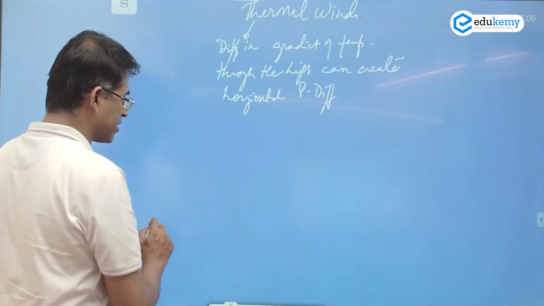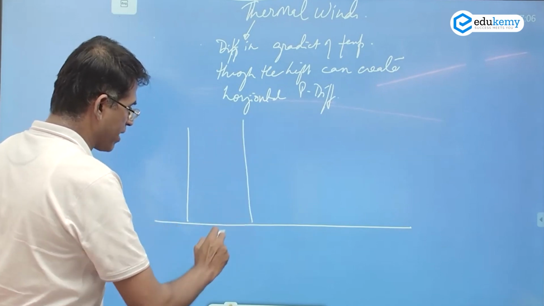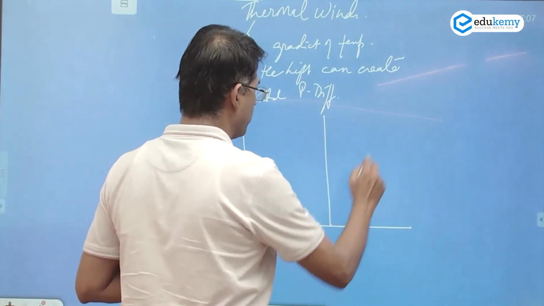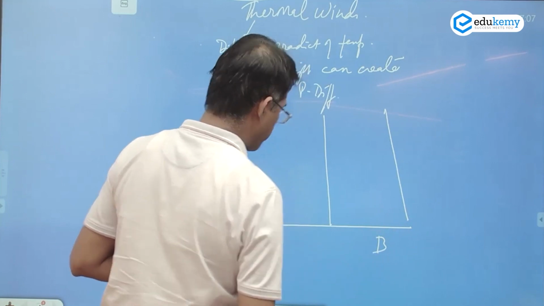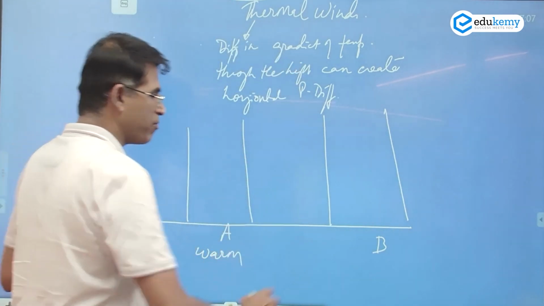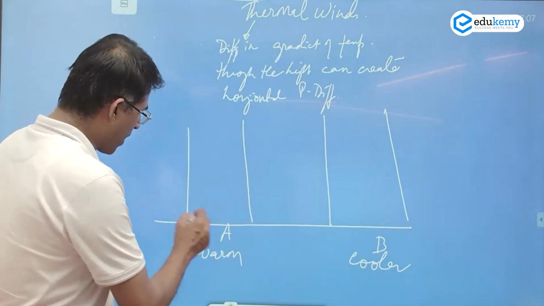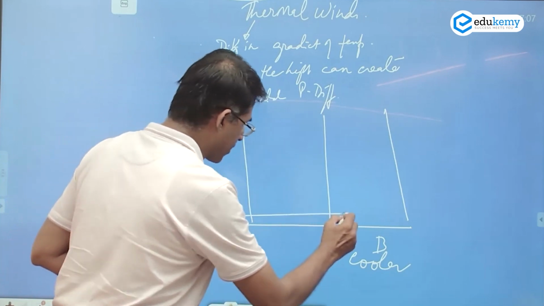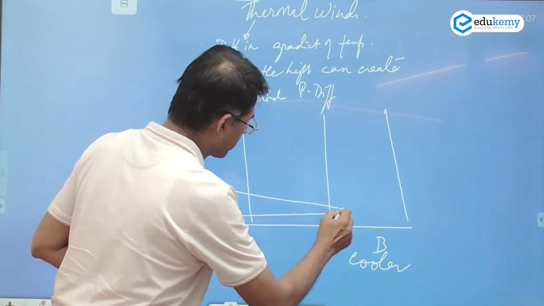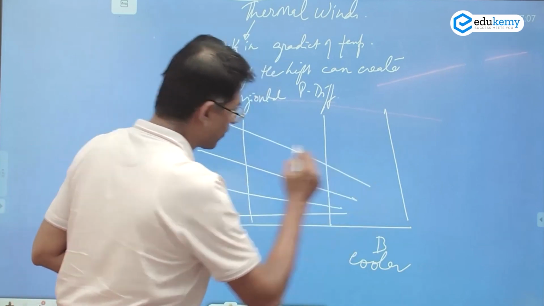So what we have is this. We have two columns of air, column A and column B. Column A is warm air, column B is relatively cooler air. So the amount of air with height will reduce faster in the cooler air.